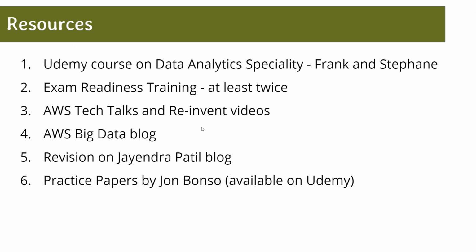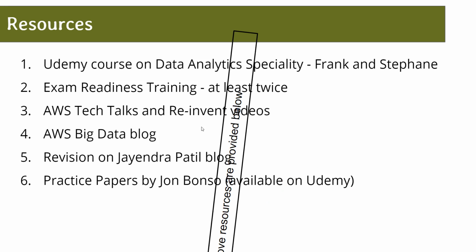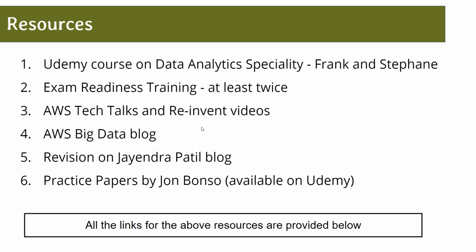Then once you're done with all the above resources, the last one is practice papers. I think you should do the practice papers by Jon Bonso. He is a very famous name in the certification community, and these are available on Udemy also. I'll be sharing all the links for the above resources in the description below. You can go through them.